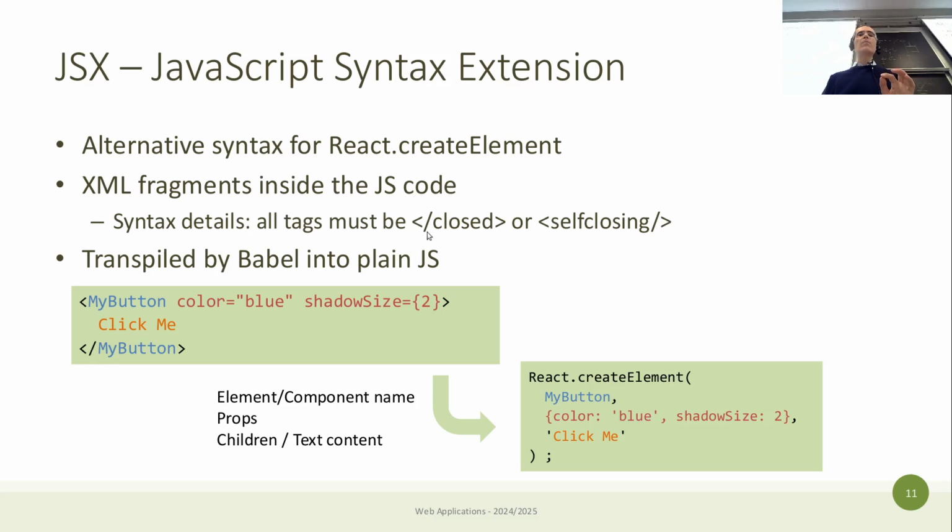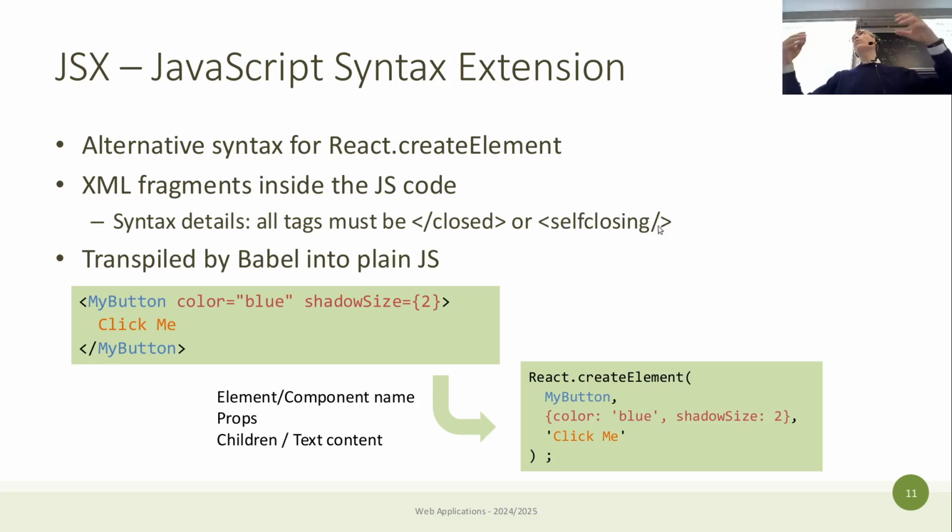All tags must be closed or self-closing. You know that in HTML or XML, you need to open a tag, and at a certain point you need to close it, and have everything balanced. So if something is nested inside, it must be closed before the outside element. Or you can even self-close the element just with this syntax.